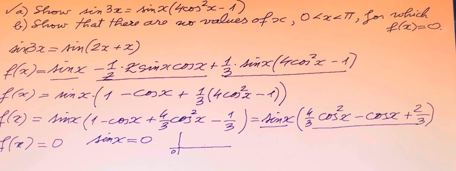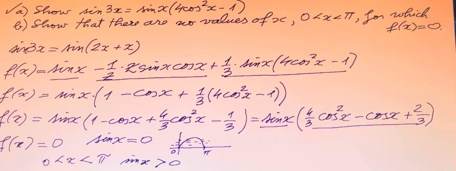Between 0 and pi, sin x looks like this. Because x is between 0 and pi without being 0 or pi, we can see the function is always positive, so no zeros. So for x greater than 0 and smaller than pi, sin x is always positive, so it won't be 0.